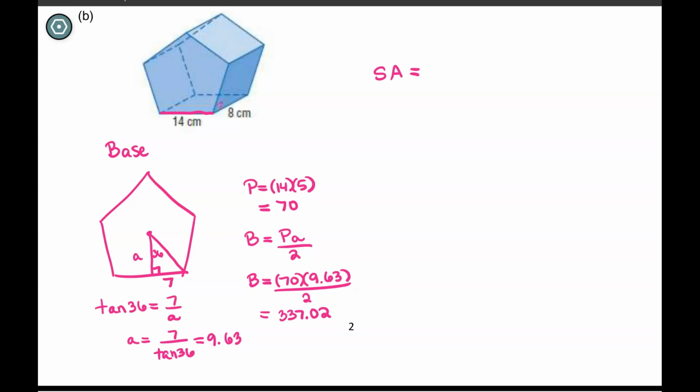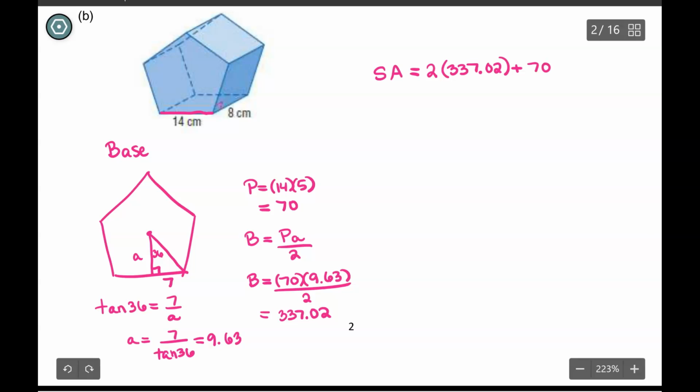So it's going to be 2 times the area of the base, so 337.02, plus, we said the perimeter of the base was 70. Now for the height. If our base is the pentagon, right, then the distance between those two bases is 8.